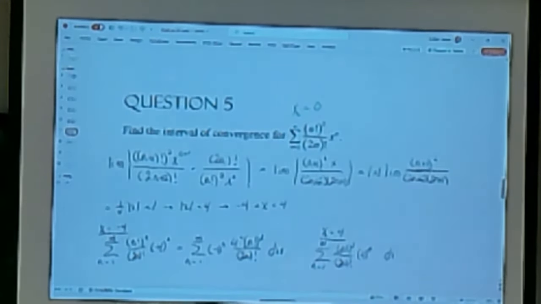That limit's infinite, which is not 0, so it diverges by the divergence test. Makes the interval, the open interval, -4 to +4. See that?